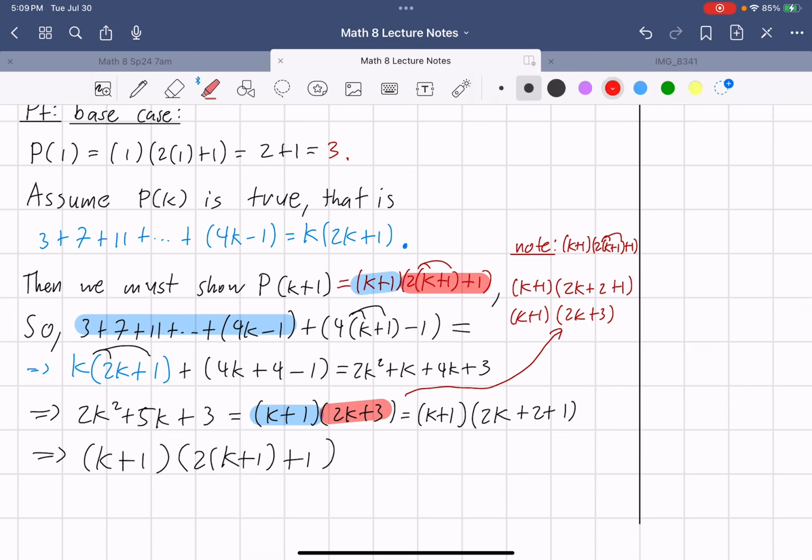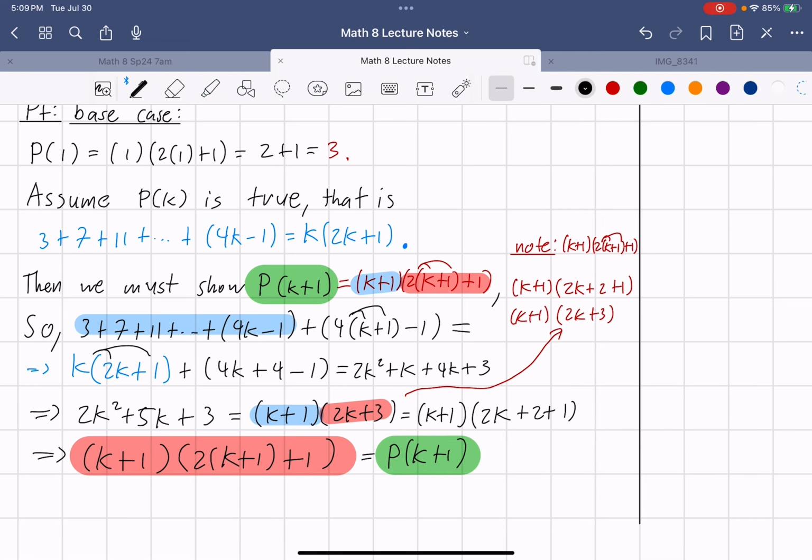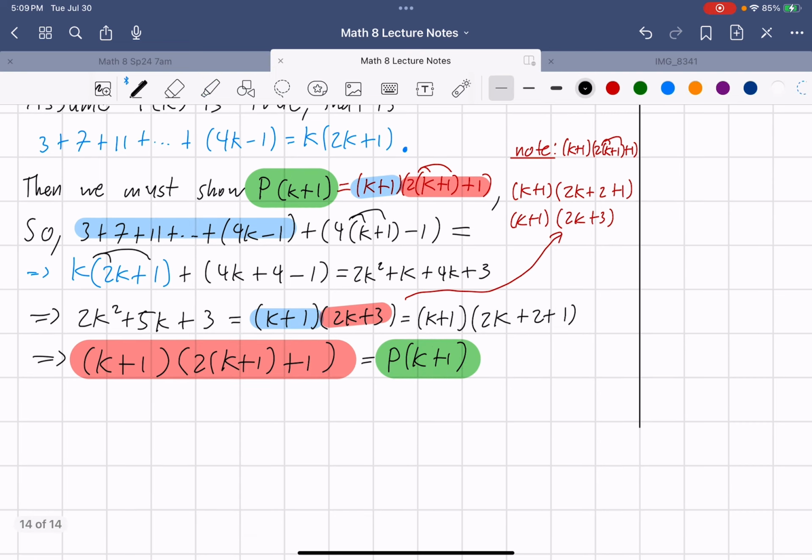And now I have gotten exactly what I wanted. You can even take a step further and show that this is equal to 2K plus 3 times K plus 1, which is this portion that I was trying to get to. And since I got there, like I said, we follow that last final statement, and there's ways to finish it.